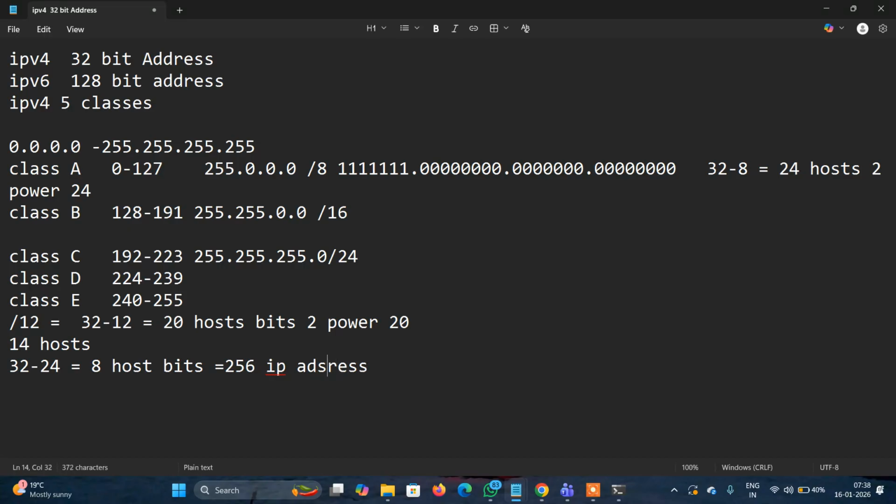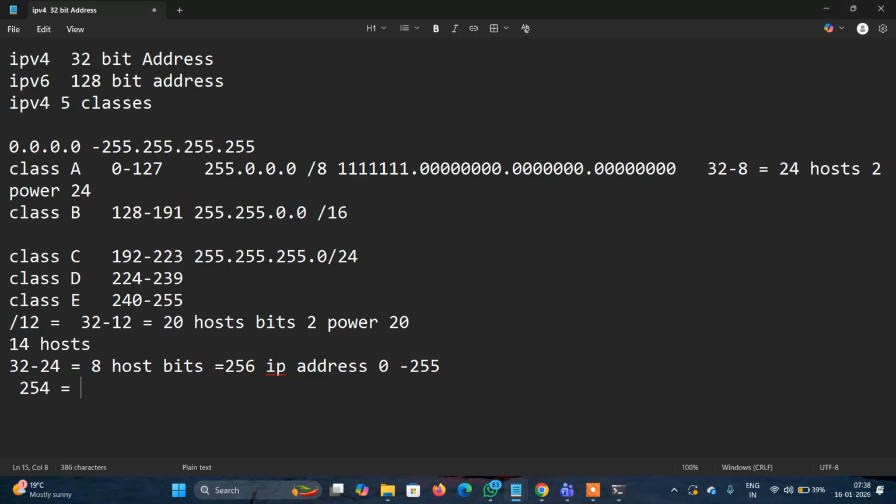It starts from 0 to 255. We will exclude the first number and the last number. This 0 is known as the network address and 255 is known as the broadcast address. So we deduct 2. How many IP addresses are there? 254.